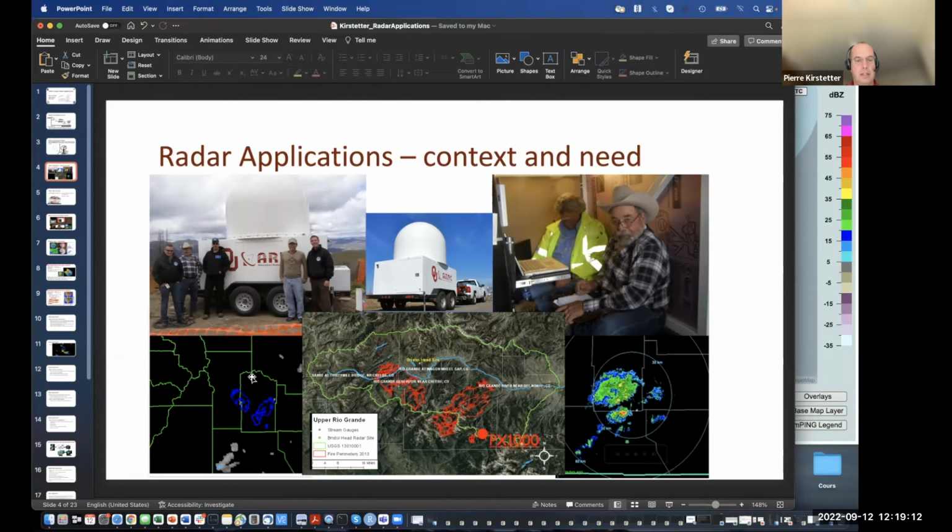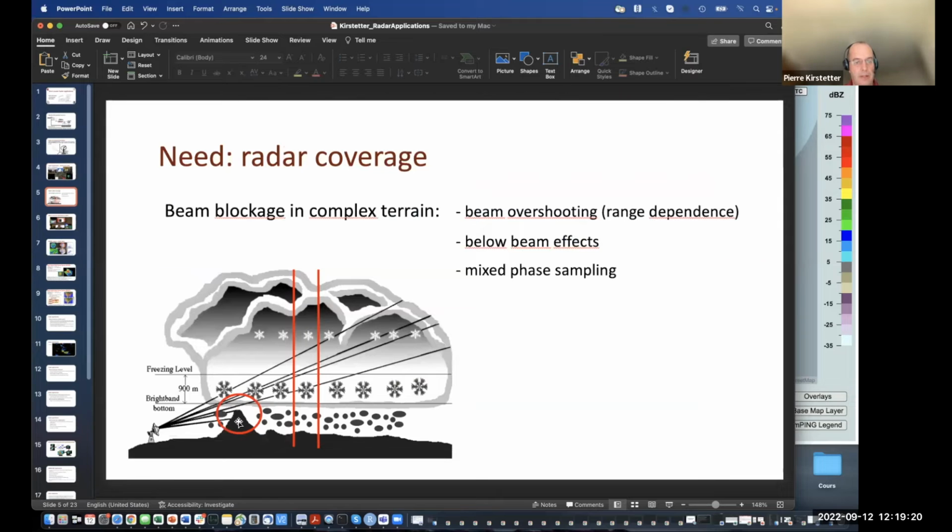It turns out that in this region, the operational radar coverage is not good. Typically, mountains block the radar beam propagation in the atmosphere, and operational radars are blind behind the mountain.